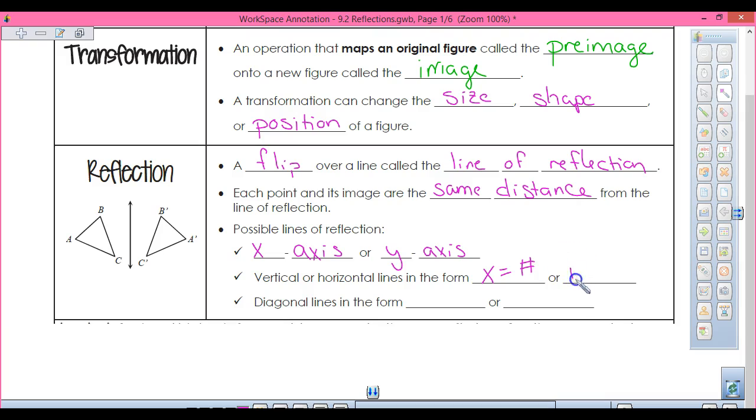Yep. And y equals a number is going to be your horizontal line. Remember, your lines are opposite of your axes. And then sometimes, not as often, we'll use diagonal lines that are y equals x or y equals negative x.